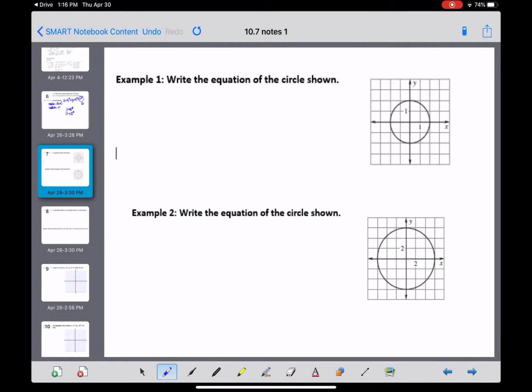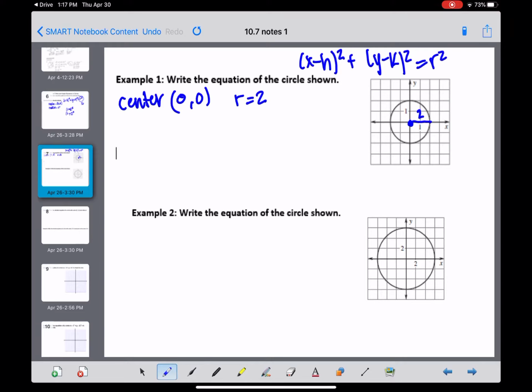Okay, so we're going to write the equation of this circle. First thing we need is our center, and our center is at (0, 0). And remember, we have (x - h)^2 + (y - k)^2 = r^2. Our radius is 2.